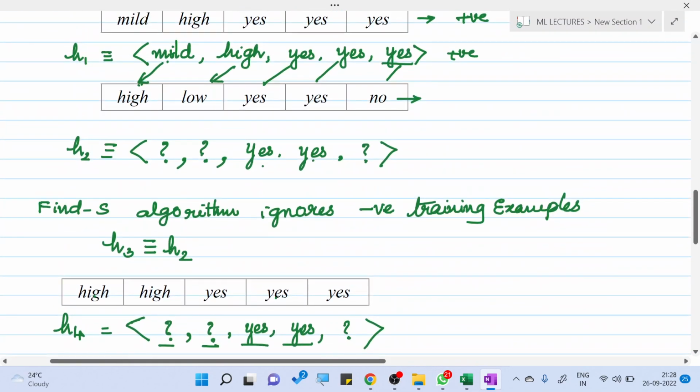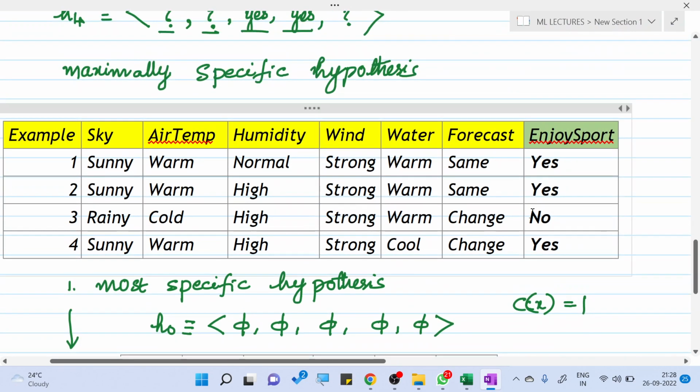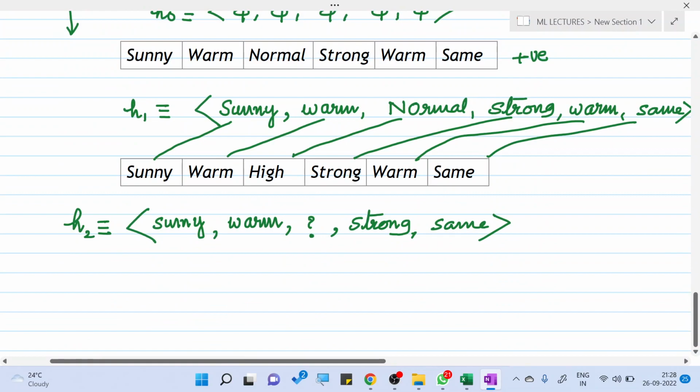Now what about H3? H3 is a negative example, so I will ignore it. H3 is same as H2. Why? Because it was a negative training example.